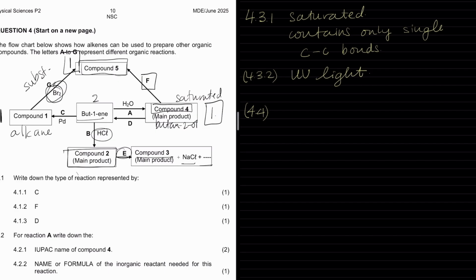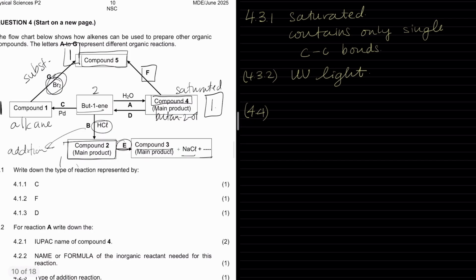Now, B has to be an addition reaction because it's the only one that goes from a 2 to a 1. So this must be an addition reaction. Now, if I think about what product I would have for compound 2, and they tell me it's the main product.